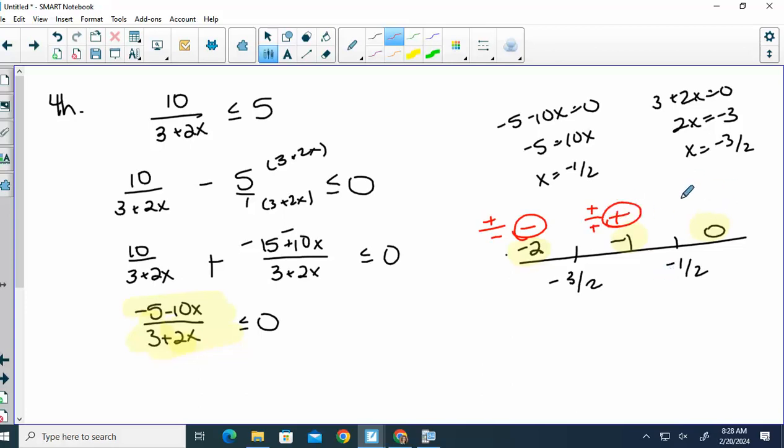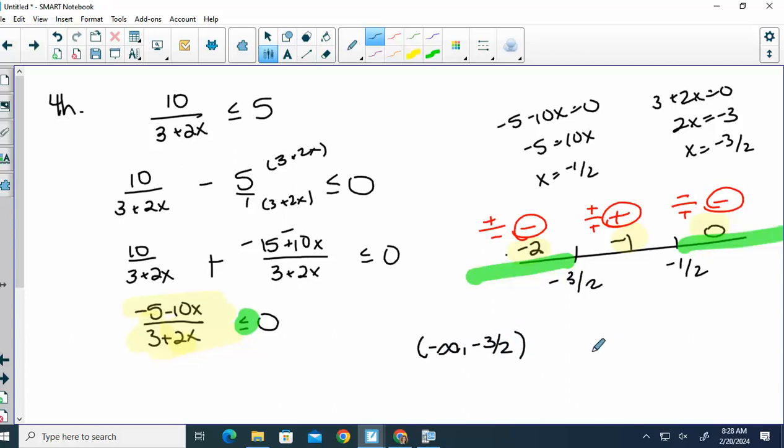If we put in a 0, we'd have negative 5 on top and 3 on the bottom, so negative over positive is negative. Which answers did we want? Negative. Equal to means bracket, but the negative 3/2 cannot have a bracket because it makes the denominator 0. So it's negative infinity to negative 3/2 with the parenthesis, union bracket, negative 1/2 to positive infinity.